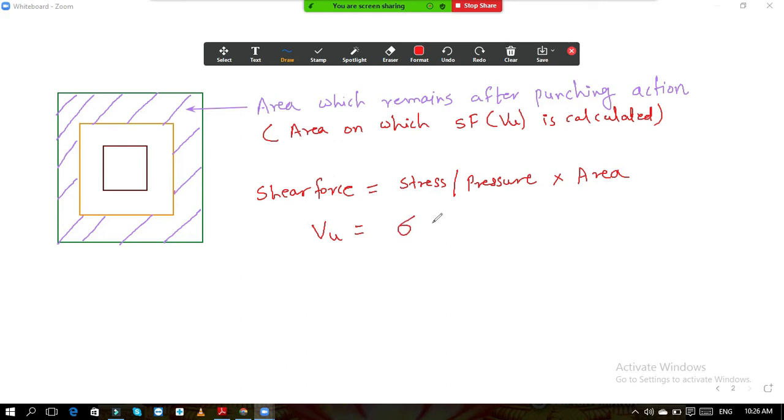That notation we have used, into whatever area we have shown here, that is the hatched area. That area we need to consider for the calculation of this shear force. Okay. So I will just put all the values over here. See now, shear force VU is equal to sigma. What was the value of sigma we have calculated? Let me know the value. That value is not here with me.